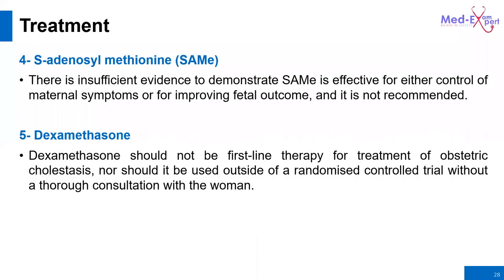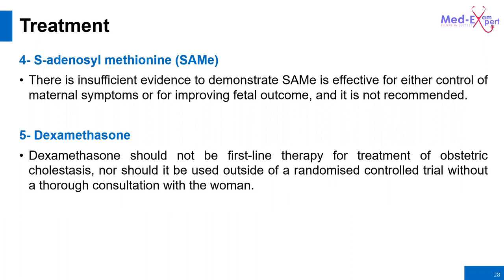Another drug is S-adenosyl methionine. This is a naturally occurring substance in the body, but synthetic forms of it have also been made, which are found in some dietary supplements. There is insufficient evidence to demonstrate that this drug is effective for either control of maternal symptoms or improving fetal outcome, and it is not recommended.